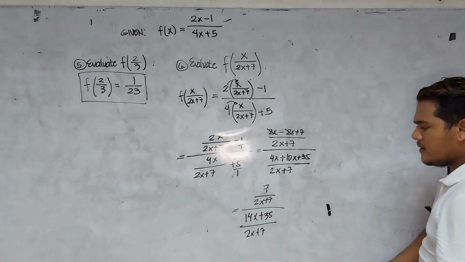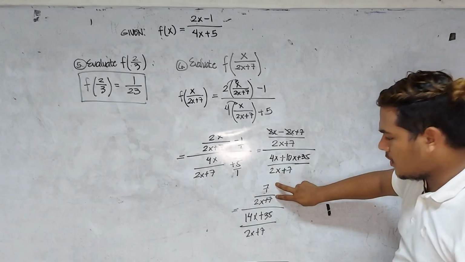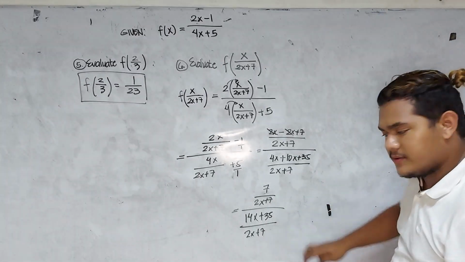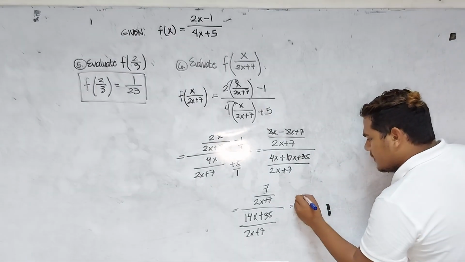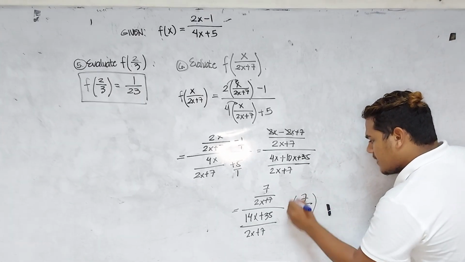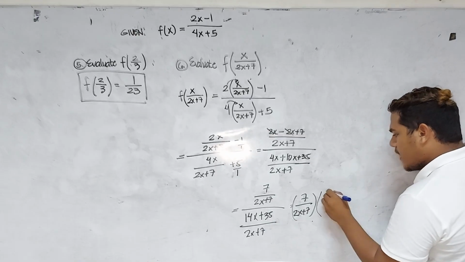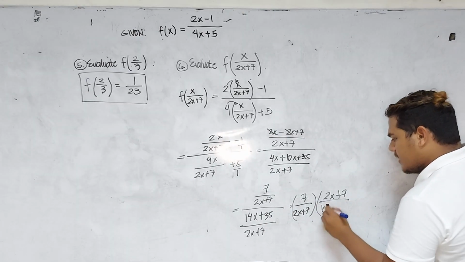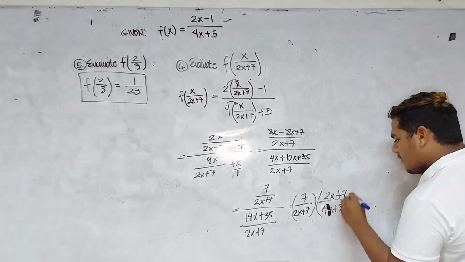Let's continue. What will happen here? A fraction divided by a fraction, what will happen? Reciprocate the denominator. So this will become 7 over 2x plus 7 times 2x plus 7 over 14x plus 35.